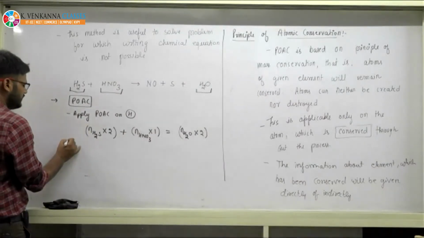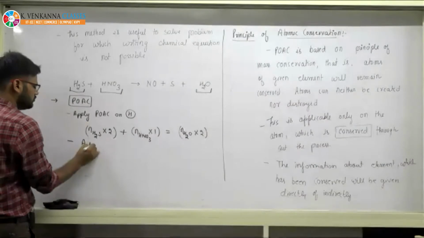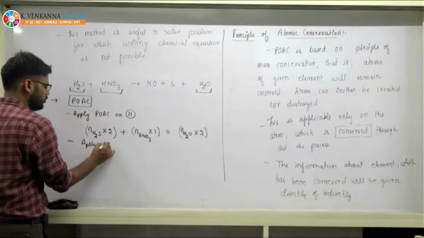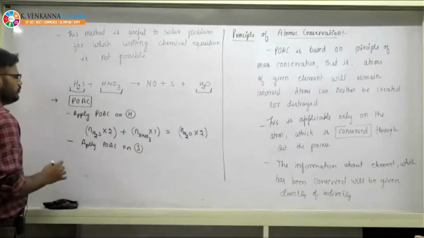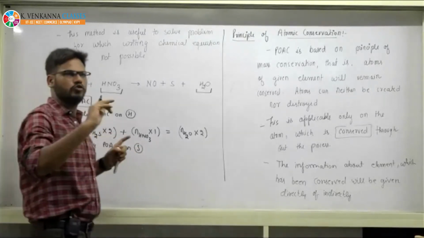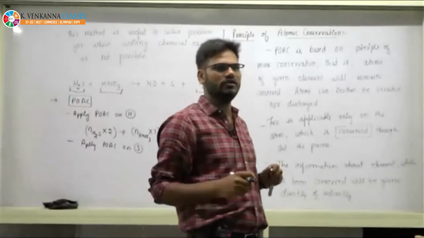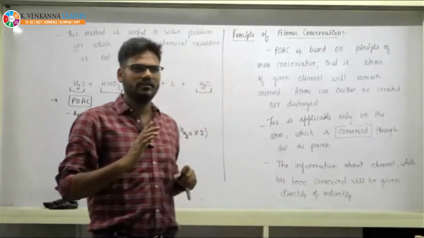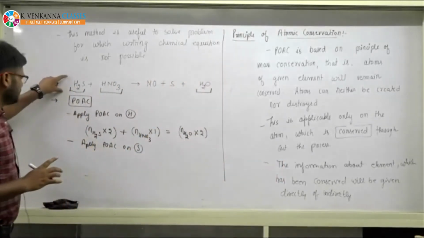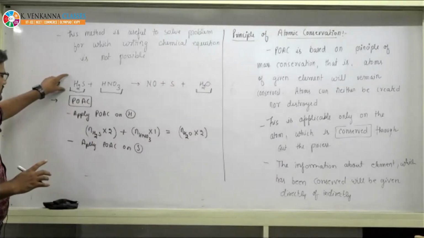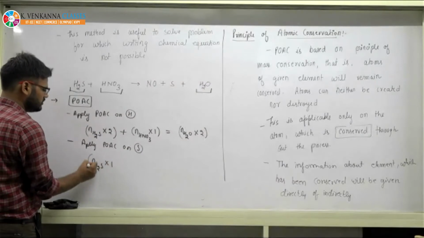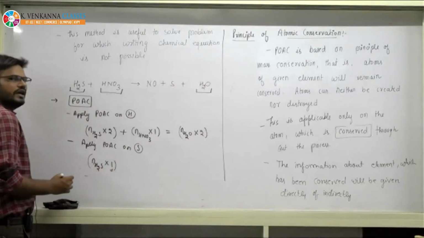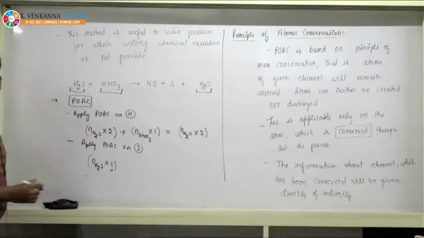So I will be taking another example. Apply POAC on sulfur. You need to balance the atoms on both sides. Sulfur is present only in H2S, so moles of H2S into 1, because only one atom is present in H2S. It has to be equal.